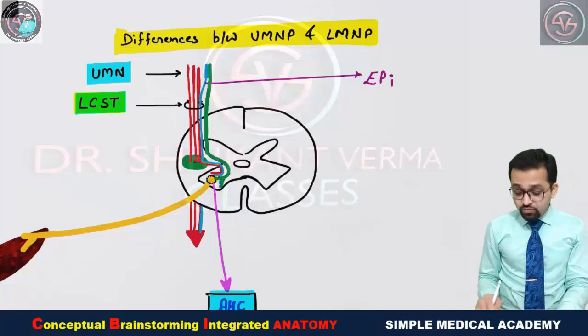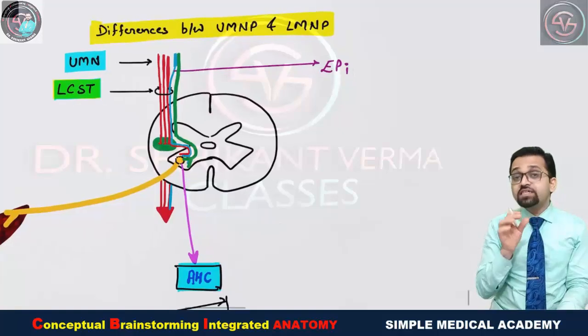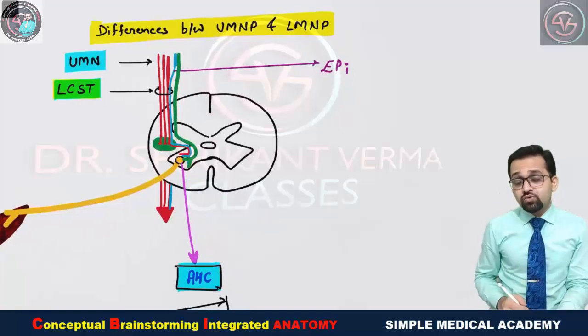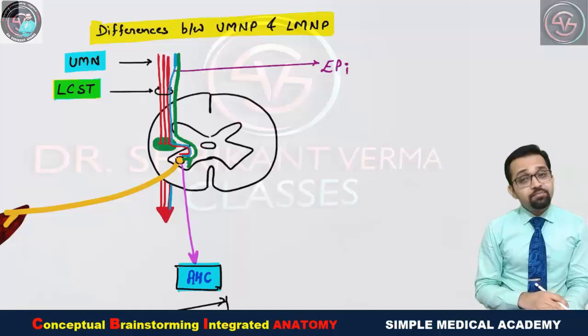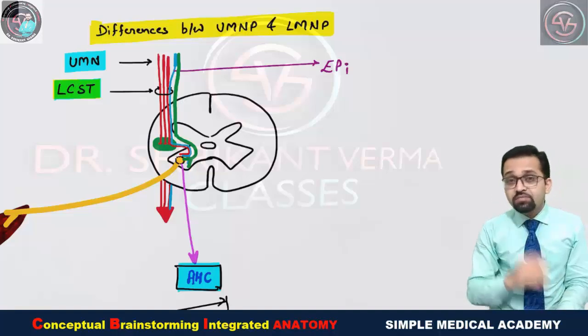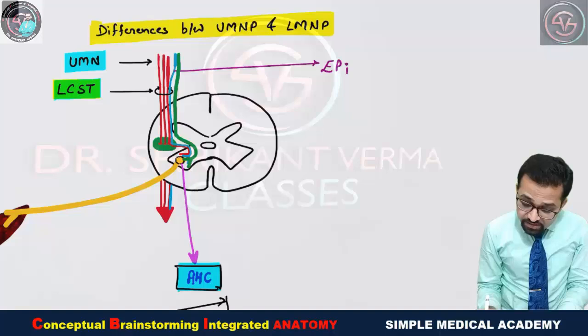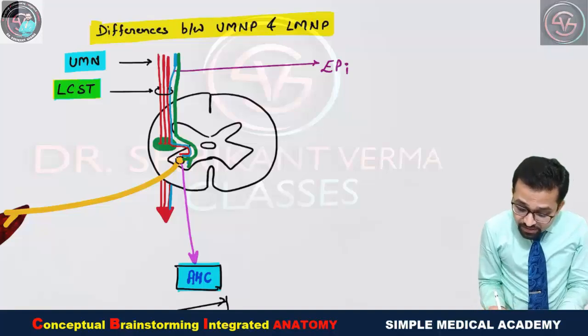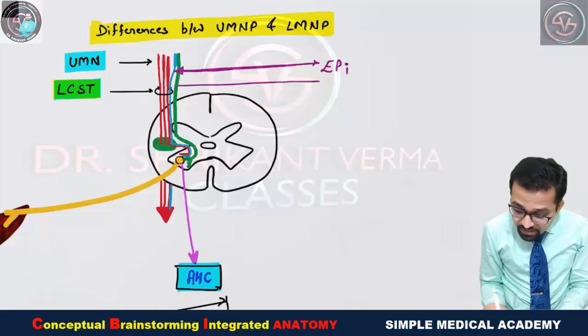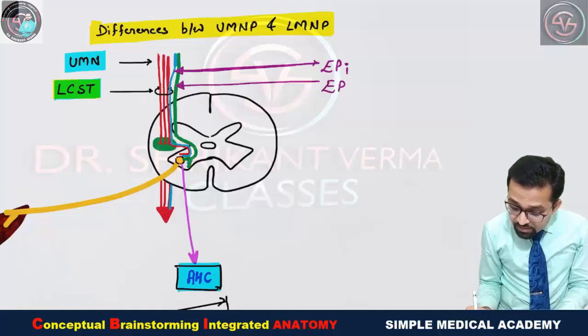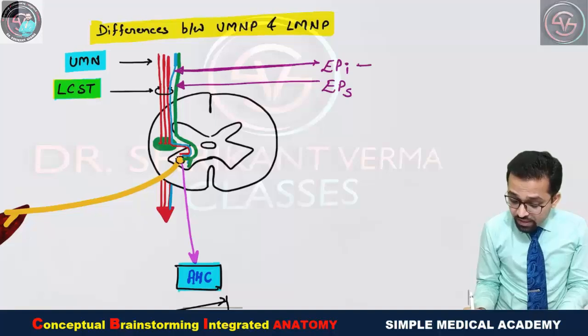Means what I want to tell you is that this anterior horn cell has multiple control by the pyramidal tract, and the pyramidal tract is supported by the extrapyramidal tract. Again, this extrapyramidal tract has two types: extrapyramidal tract inhibitory, which is shown with the blue color, but one more fiber is there, that is the extrapyramidal tract stimulatory. So these are the two types of fiber of the extrapyramidal tract.